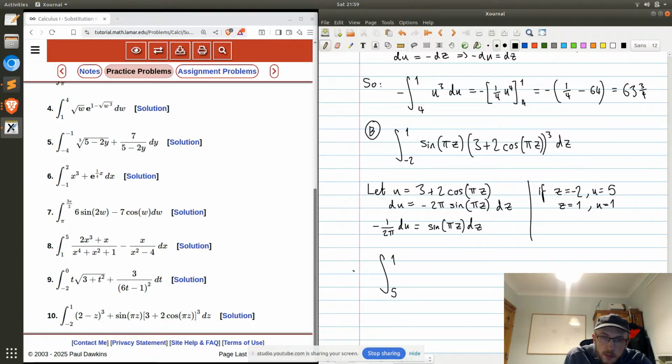So I should say 5, 1, just there like that. And we'll bring the minus 1 over 2 pi outside. The du goes right there. And let's cube u just there like that. Open some brackets now. Integrate u cubed. Okay, that's a fourth of u to the 4. And go from 5 to 1.